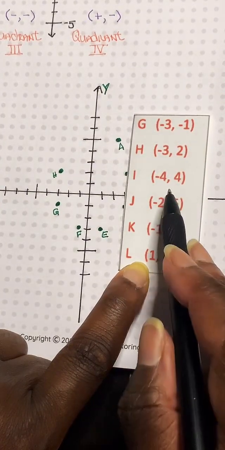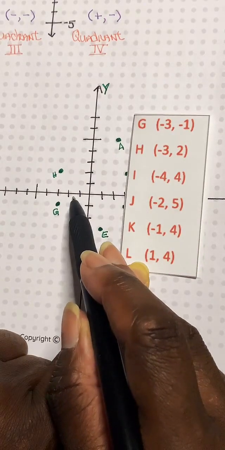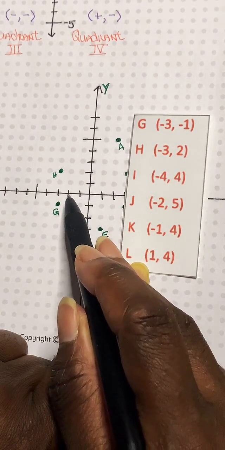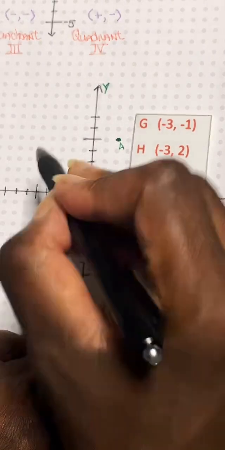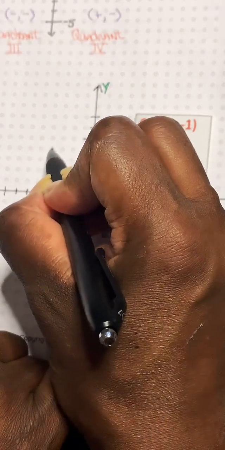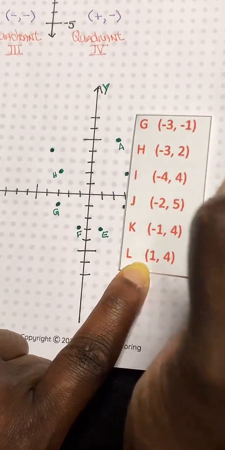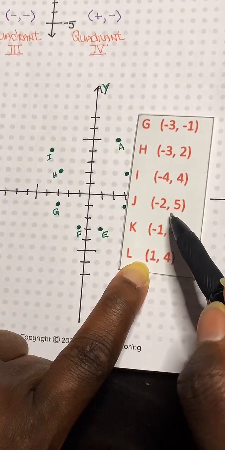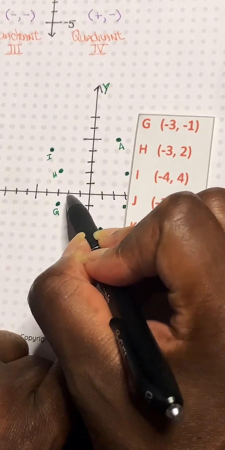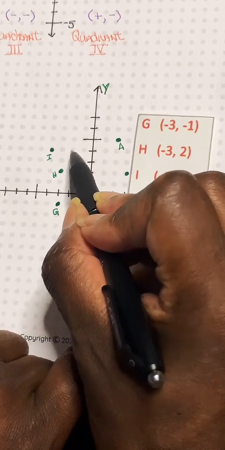Okay. I, (-4, 4). So that's 1, 2, 3, 4. Up 4. 1, 2, 3, 4. Okay, and that's I. Then we have (-2, 5). 1, 2. Go up 1, 2, 3, 4, 5.